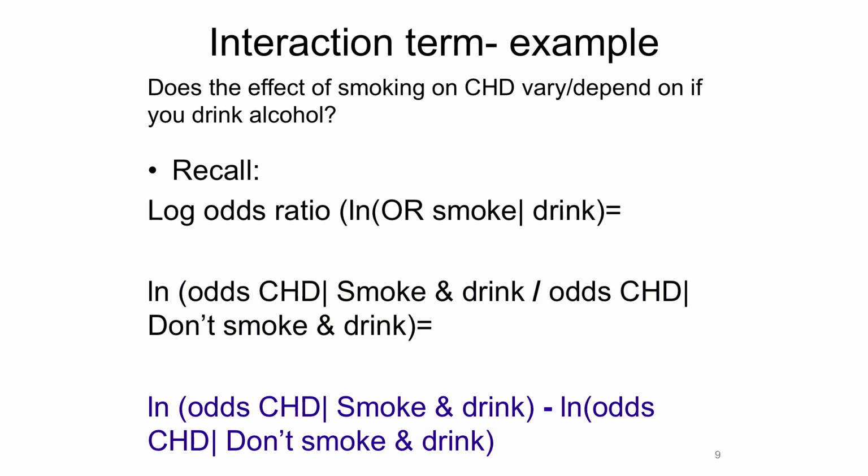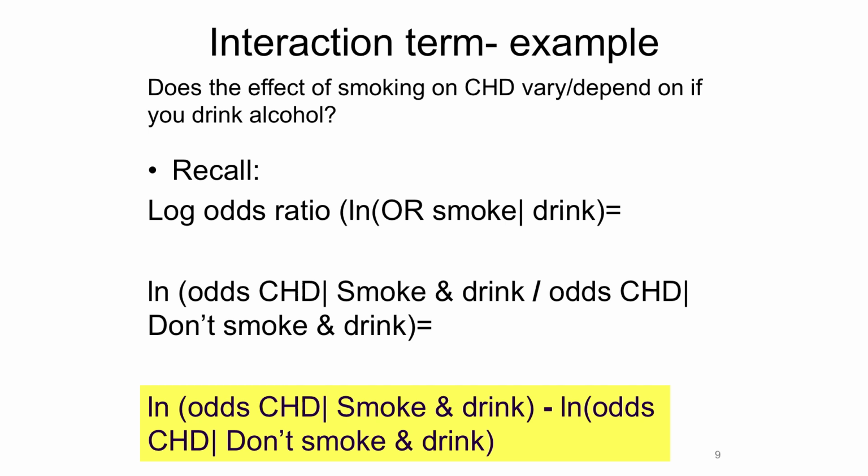Since we're working with logs, this is actually mathematically equivalent to subtracting the log odds of CHD for those who don't smoke but drink from the log odds of CHD for those who smoke and drink. Working with this second formula, we can determine the odds ratio for the effect of smoking among drinkers. This allows us to work directly with our output to calculate the odds ratio.